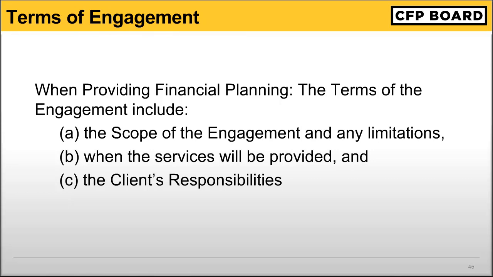So a CFP professional providing financial planning is going to have to implement, monitor, and update unless the engagement explicitly says otherwise. That's a very important point that everybody needs to know as we move forward with the new standards.